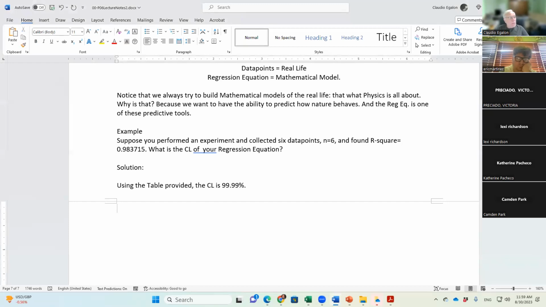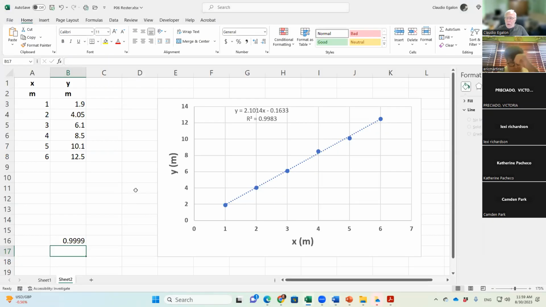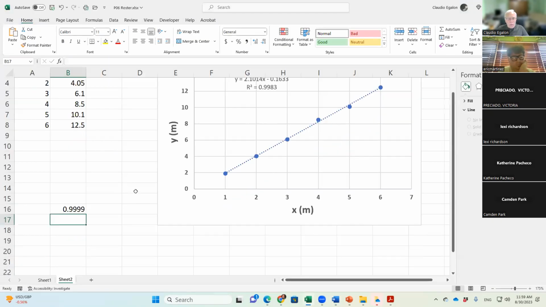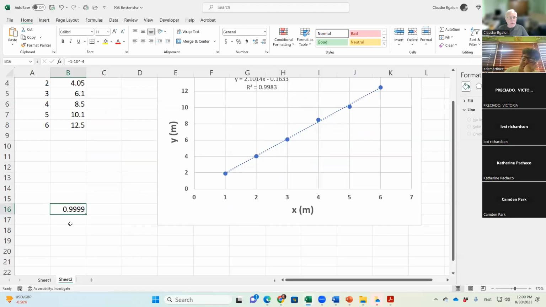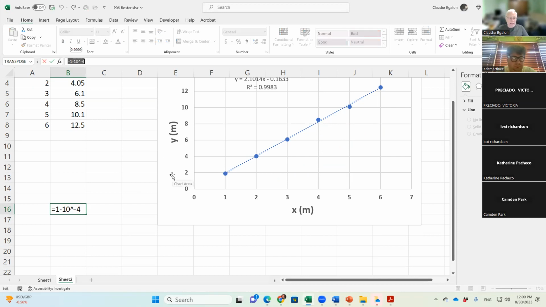Any questions? What did you type on Excel? What was the equation for it? Let's go back to Excel. Which equation? Number 16. Okay, where did I get that? I got that from here, 1 minus 10 to minus 4. So what did I do? Equal 1 minus 10 power minus 4, and then Excel calculates that for me numerically.